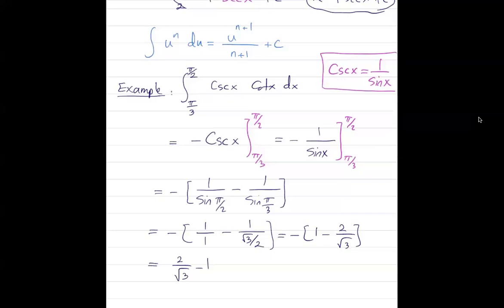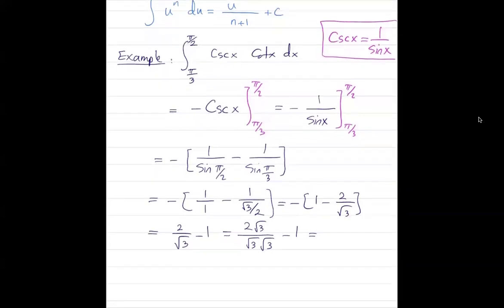To rationalize this, you can take the common denominator and then multiply by the conjugate. So if you take the common denominator, square root of 3, or you can just multiply this by square root of 3 over square root of 3 to rationalize the first fraction, it doesn't change any final answer.